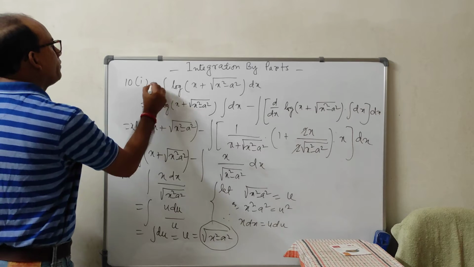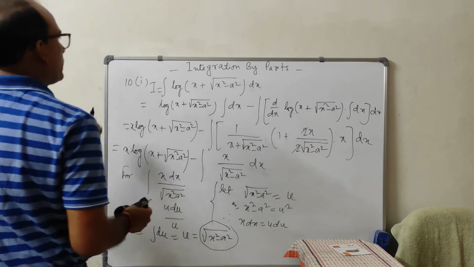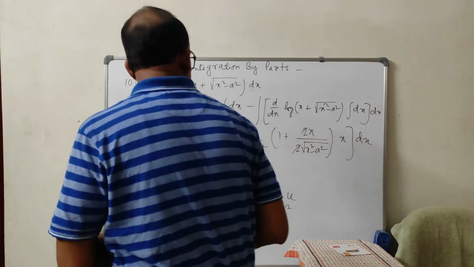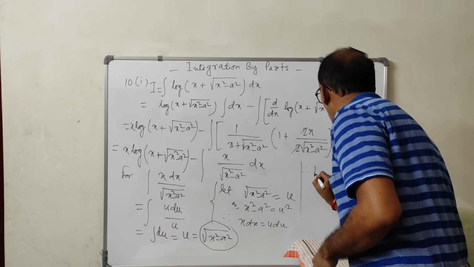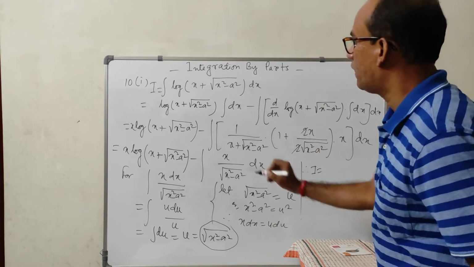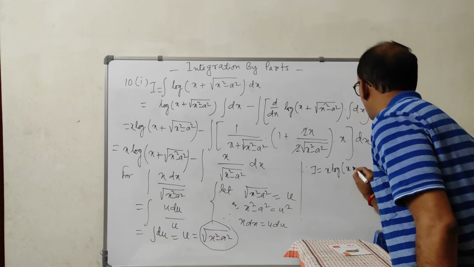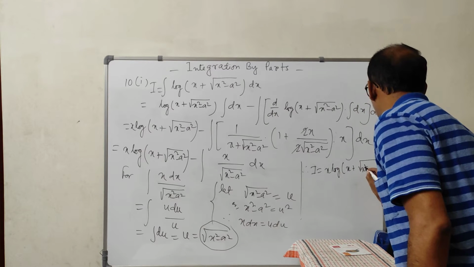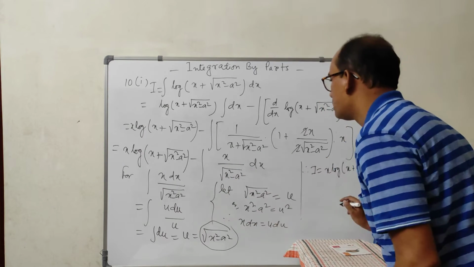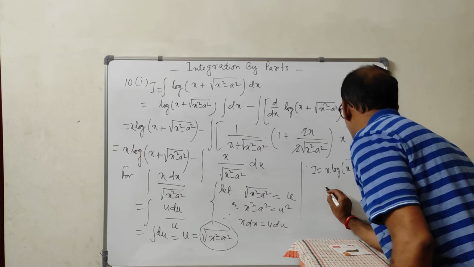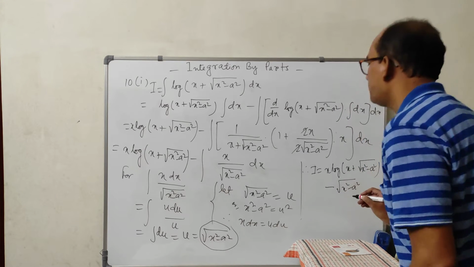If you name this integral as I, so what will be the result? The result is, therefore, I will be x log of x plus root over of x square minus s square, minus this, minus root over of x square minus s square.